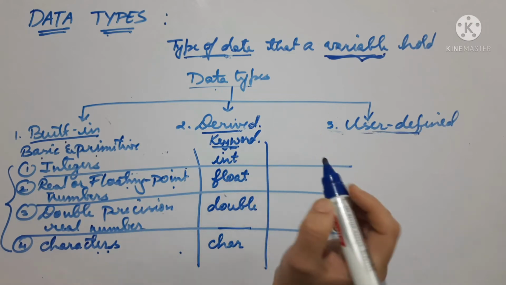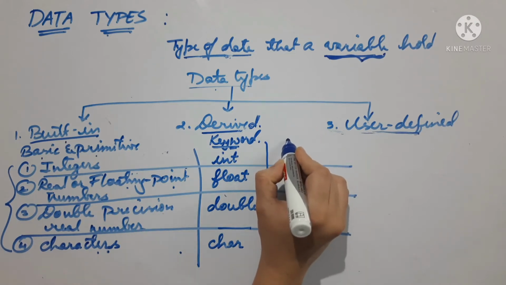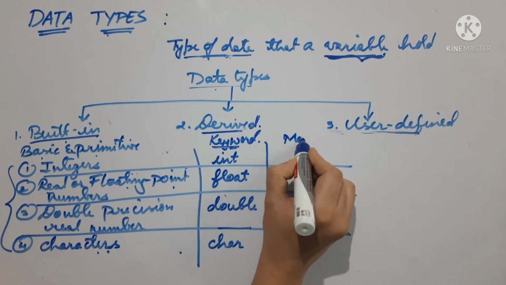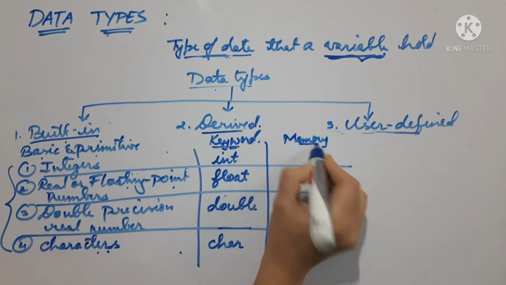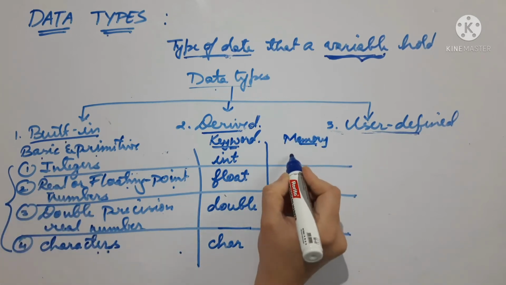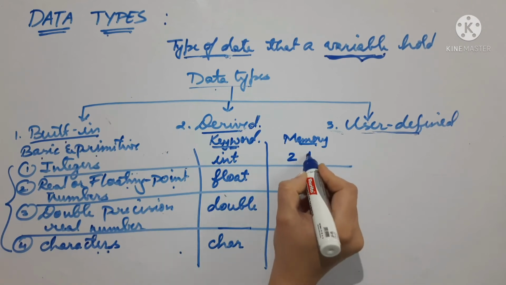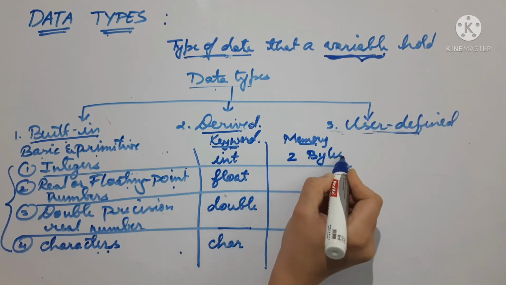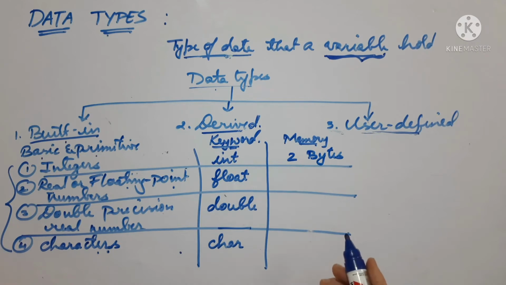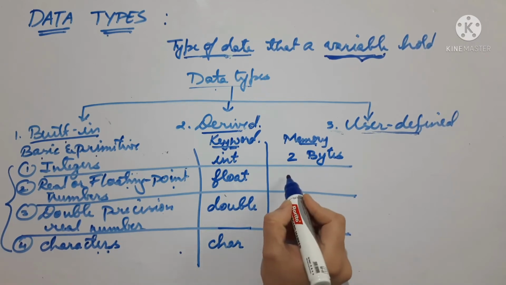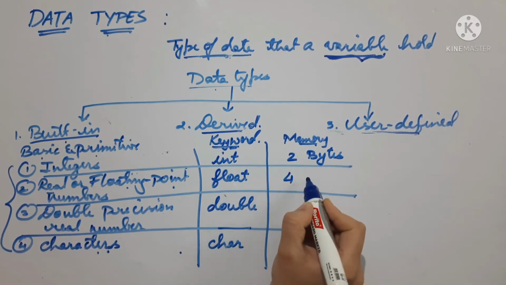Now let us see how much space they take. Let us discuss how much memory they take. My integer will take 2 bytes. Then we have floating point. Floating point numbers take 4 bytes.